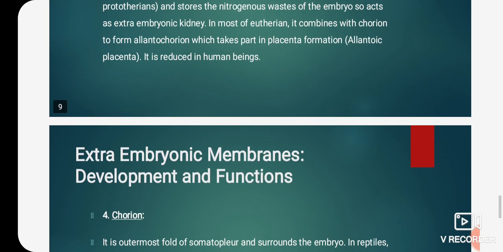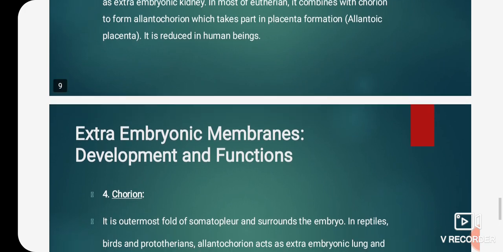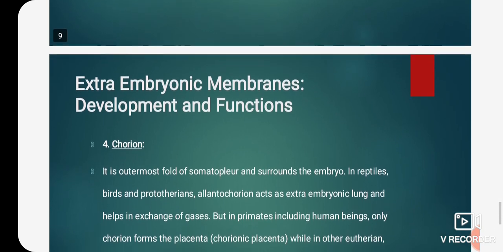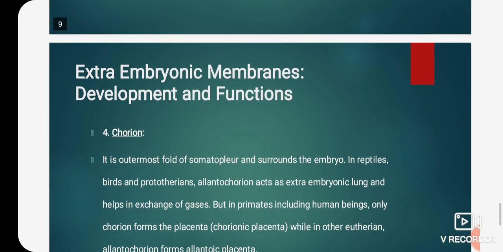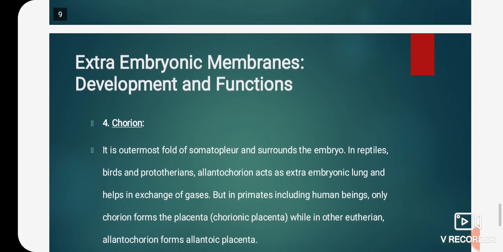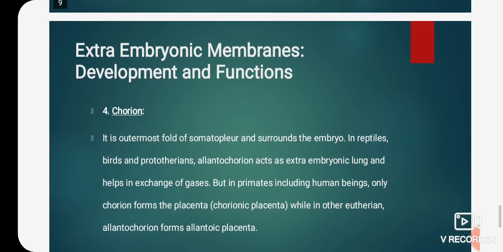So, students, now the last one is chorion. It is the outermost fold of somatopleure and surrounds the embryo in reptiles, birds, and prototherians. Allantochorion acts as extra embryonic lung and helps in exchange of gases.